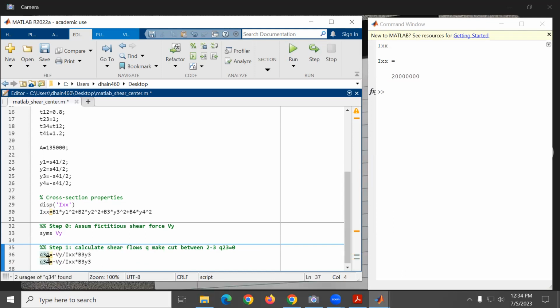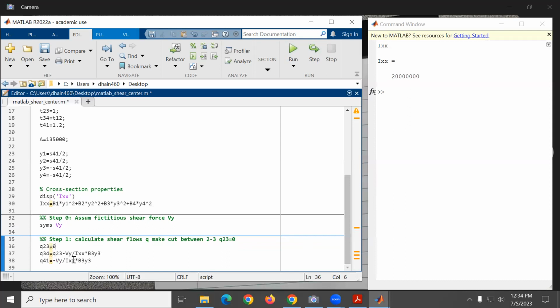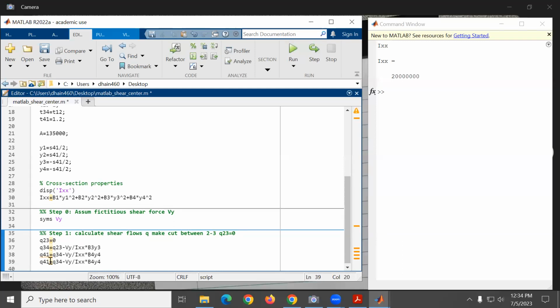Q for 1, maybe I could have put here Q23. Q23 equals 0. Let's do this. Whatever Q34 would be, with B4 and Y4. And then we have what?